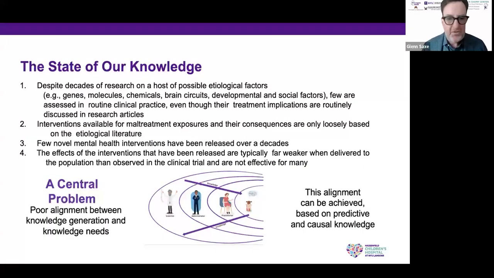And then I reviewed problems with the state of our knowledge, and it boils down to a poor alignment between how we generate knowledge and the needs for knowledge, and that causal knowledge can really help in distinguishing predictive from causal.